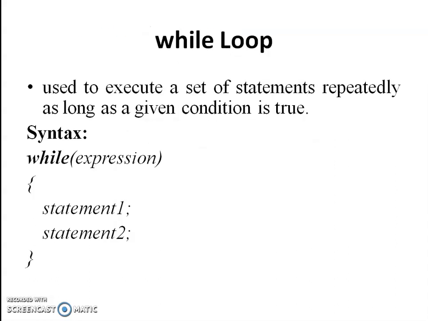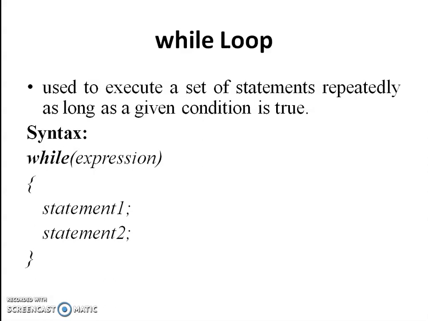The while loop is going to execute a set of statements until a given condition is true. So in this looping statement, we are going to check a particular condition or expression. If it is true, then the loop block statements are going to be executed. Otherwise, it will come out of the loop statement.